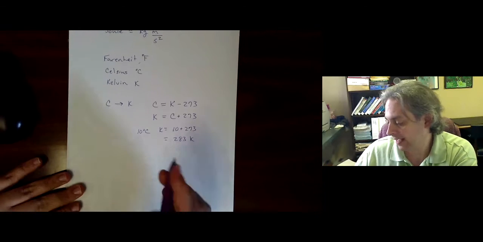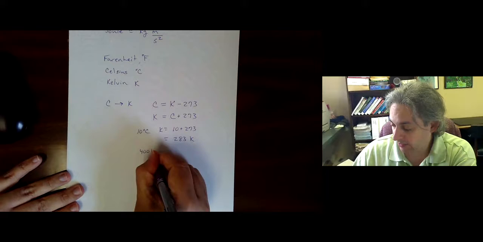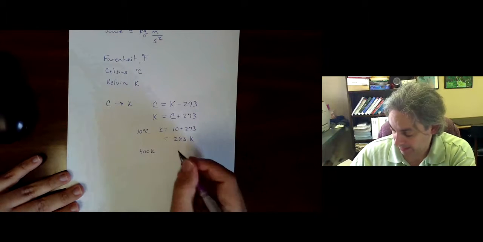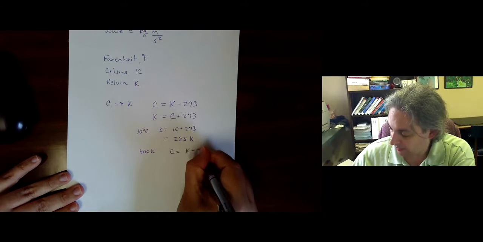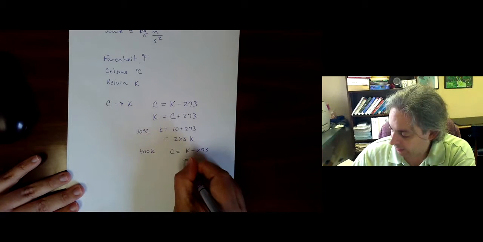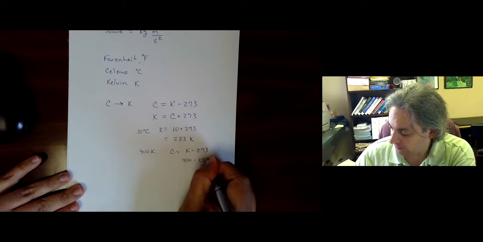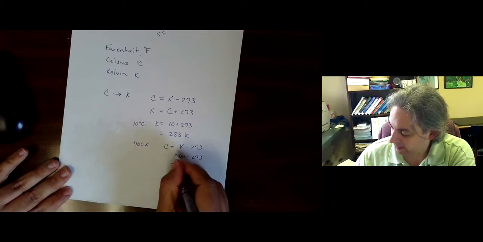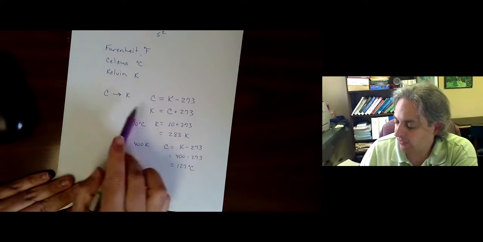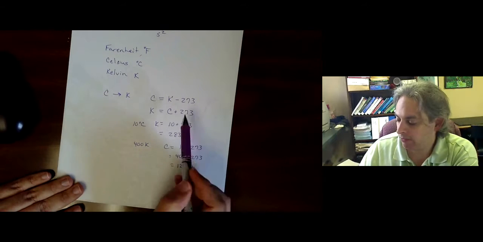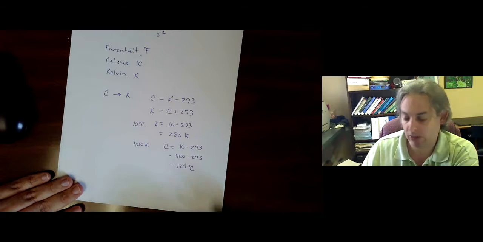And then if you have, let's say, 400 Kelvin in Celsius, what we do is our Celsius is equal to our Kelvin minus 273. So we take 400 and subtract 273 from that, and that gives us 127 degrees C. So it's fairly easy going from Celsius to Kelvin. We just either subtract or add 273.